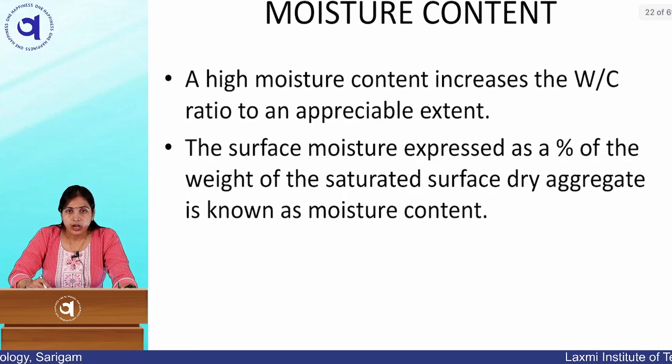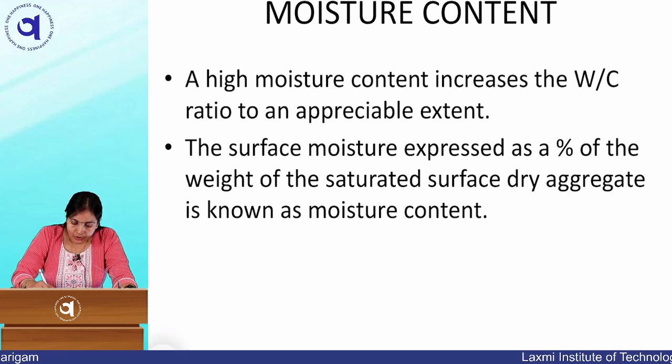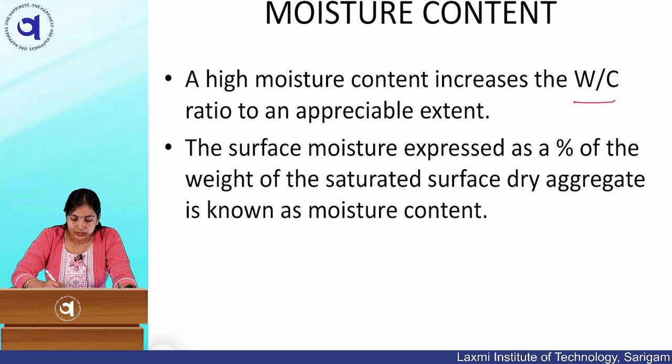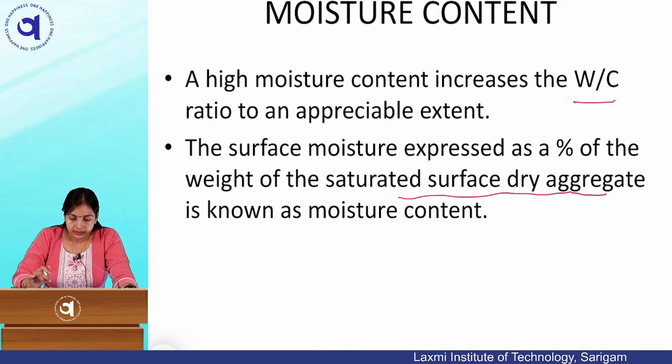Moisture content: high moisture content will increase your water cement ratio, and the percentage of moisture content will also increase the percentage of saturated surface dry aggregate.